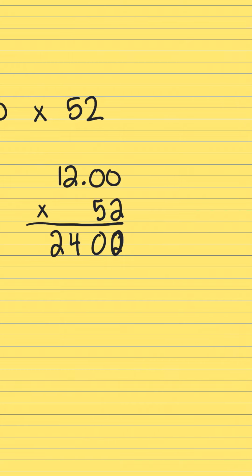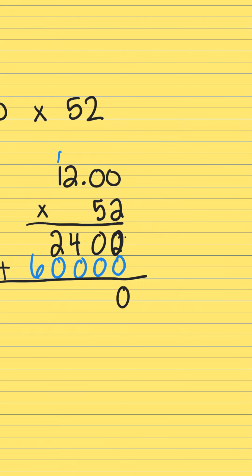Remember, once we get into our tens, we have to add this because we're moving on to the tens location. 5 times 0 is 0. 5 times 0 is 0. 5 times 2 is 10. Carry your 1. 5 times 1 plus 1 would be 6. And then when you're done, you are going to add up and then regroup if needed. So we have 0, 0, we get a 4, 2 plus 0 is 2, and a 6.